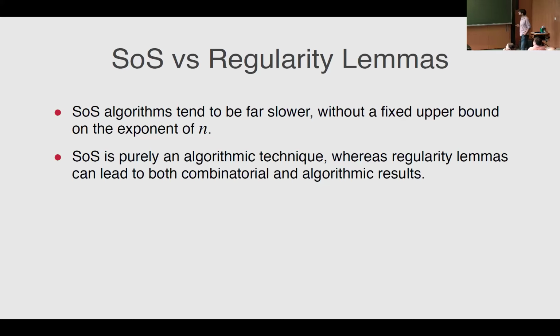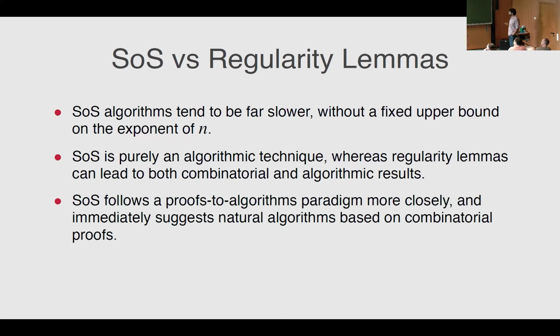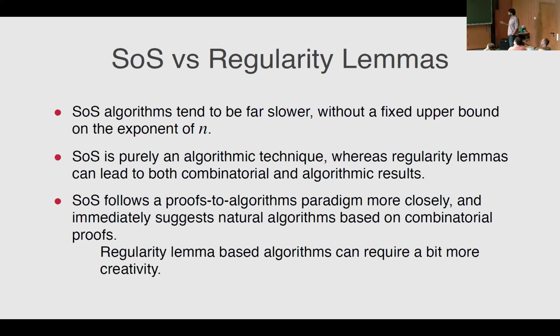Exactly. SOS follows the proofs to algorithms paradigm more closely. It looks at a combinatorial proof and that immediately suggests some natural algorithms, and you just try to implement that algorithm. Regularity lemma based algorithms can require a bit more creativity. But in the process, they might give new combinatorial proofs.